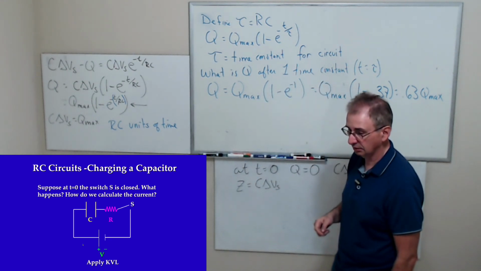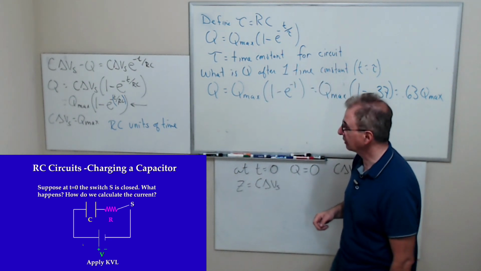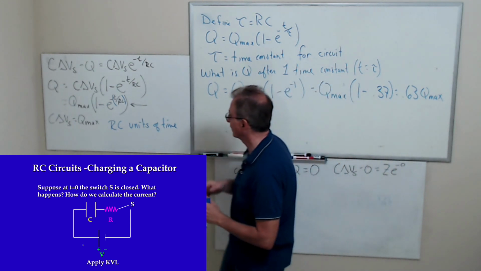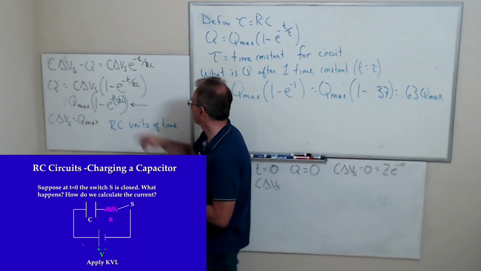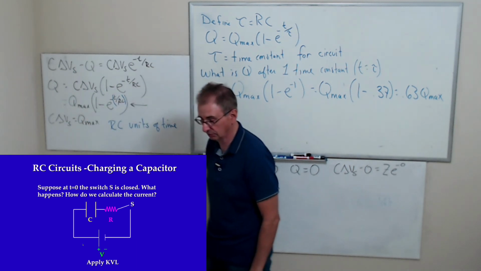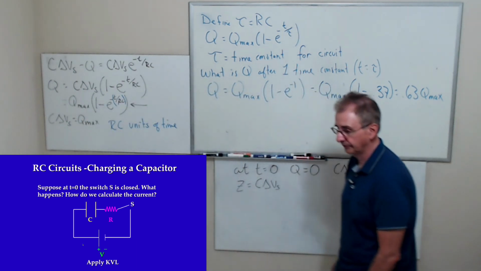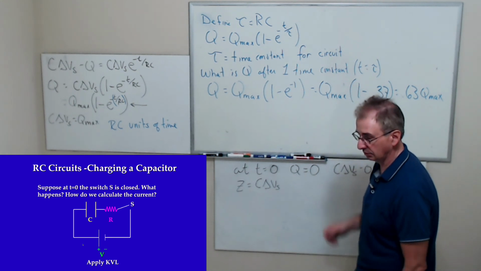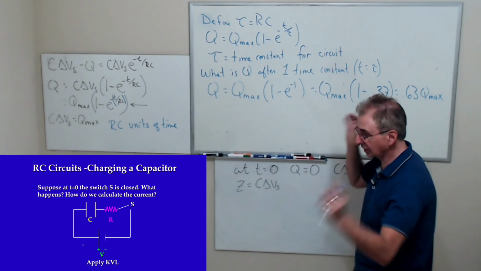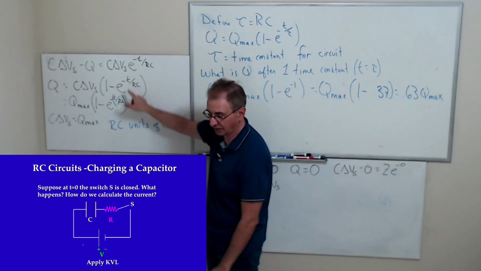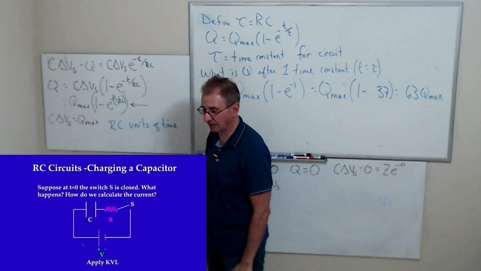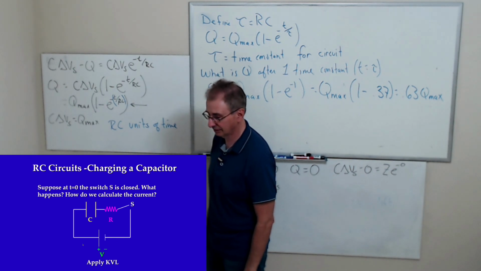It is completely useless unless you need to know Q at some value of t, or you need to know t given some value of Q. With students, they see a capacitor problem, they just focus on this equation right away, and they might not need to do that. So just be careful.